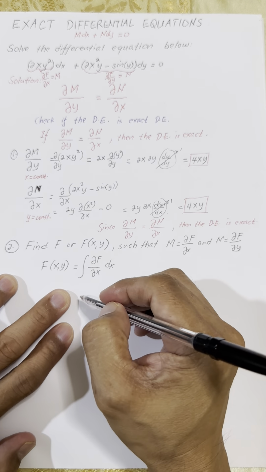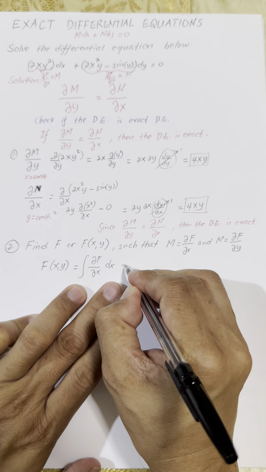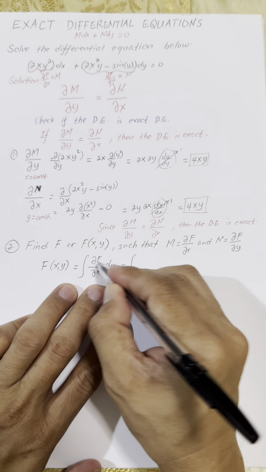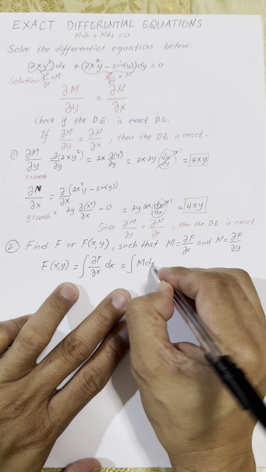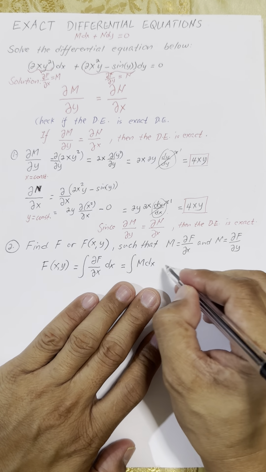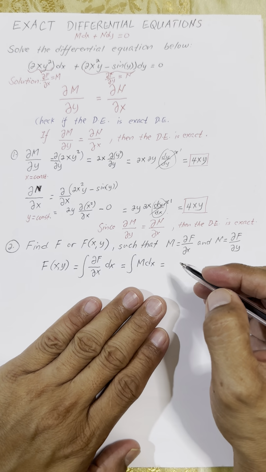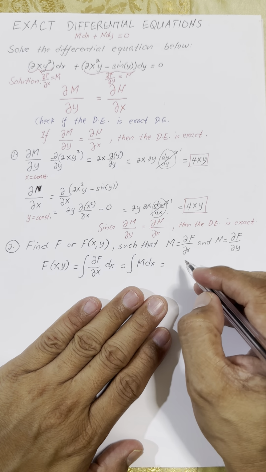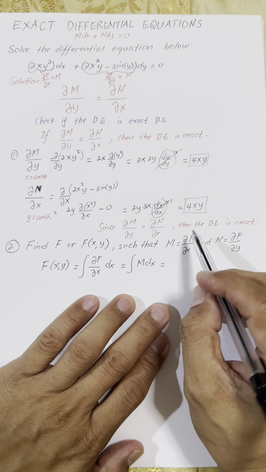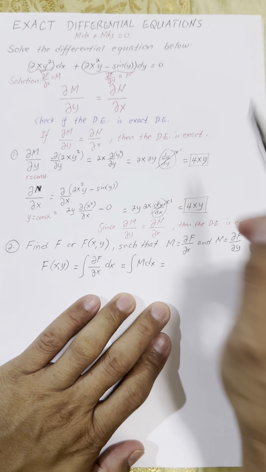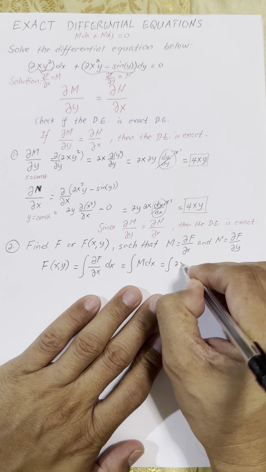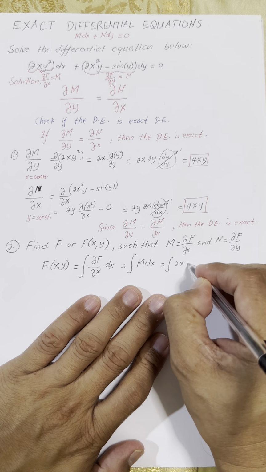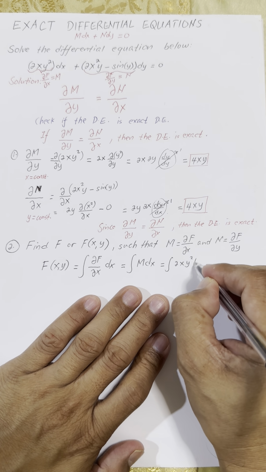So we integrate it. Again, this is just equal to m times dx, and our m is equal to this one. So the integral of 2x y squared dx.